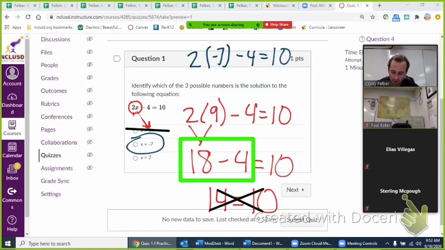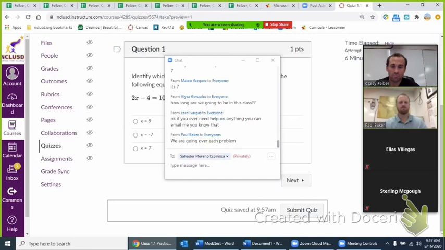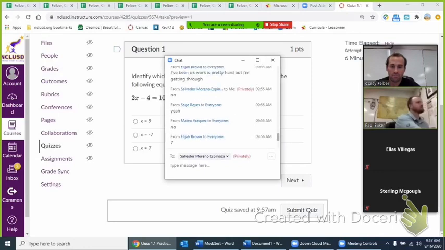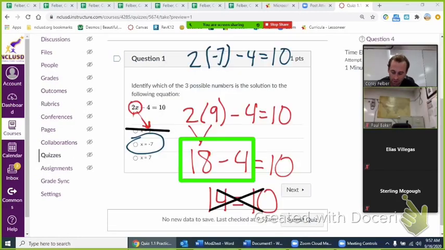Now in your calculator, we need to do 2 times -7. Someone in Desmos or in your calculator, we've talked about this. What's 2 times -7? We got some people saying the answer.